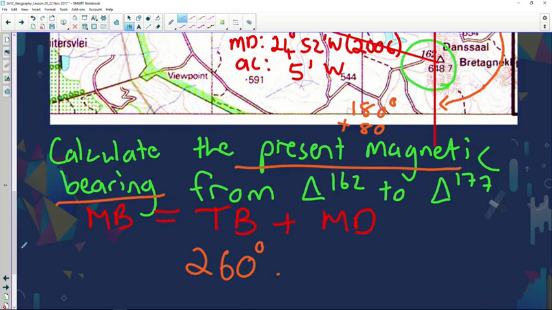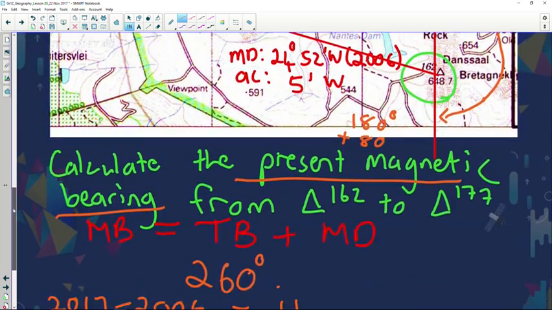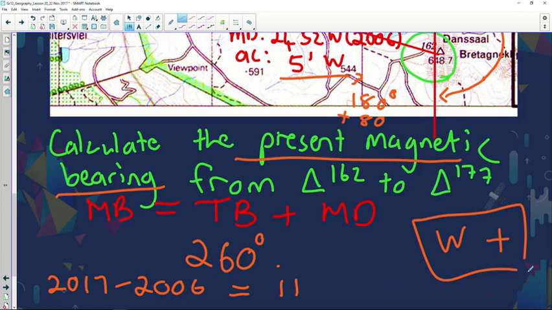So what do we need to do? 2017 subtracting 2006 leaves us with 11. The annual change that took place was 5 minutes west. Because it's west, we're going to add. If it moves in the westerly direction, we add.